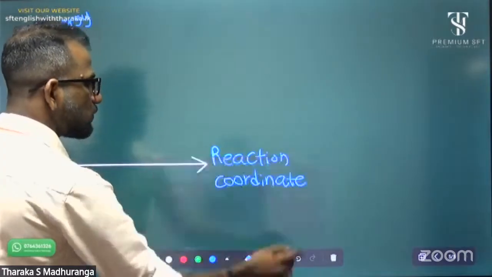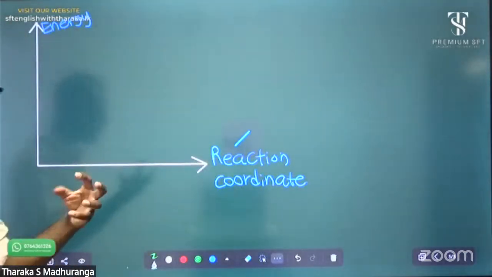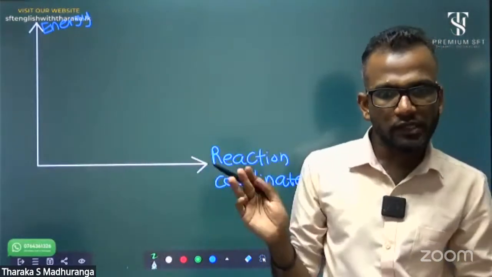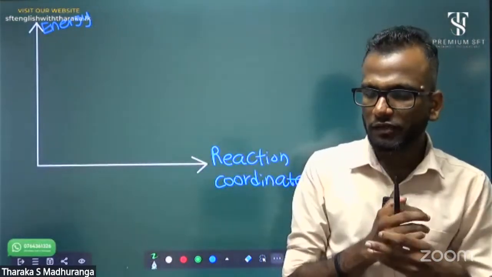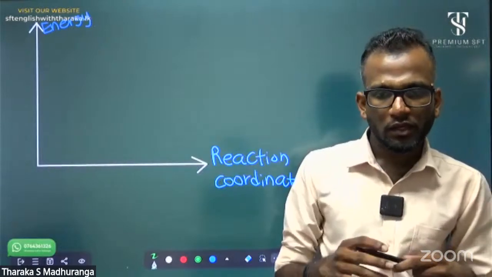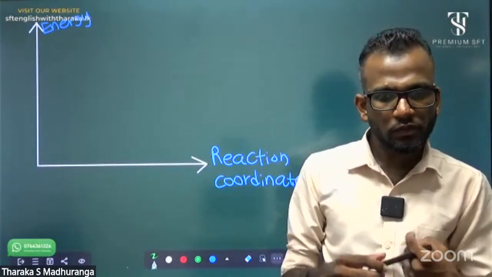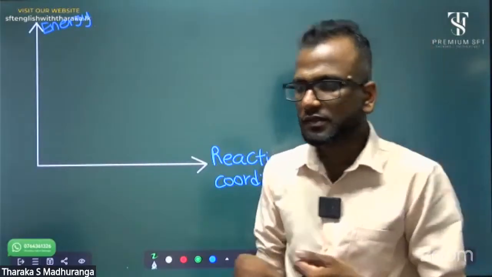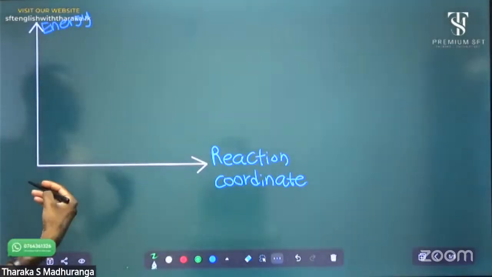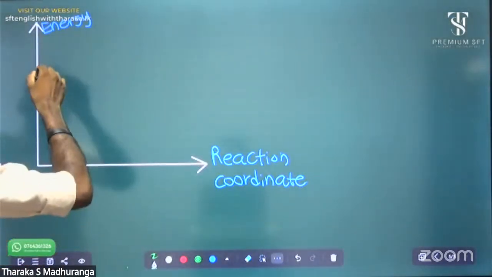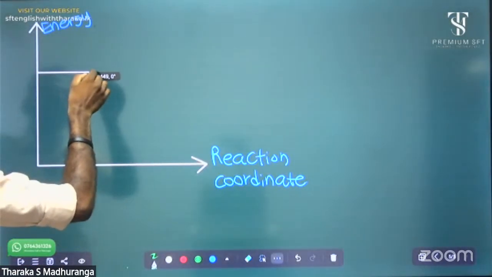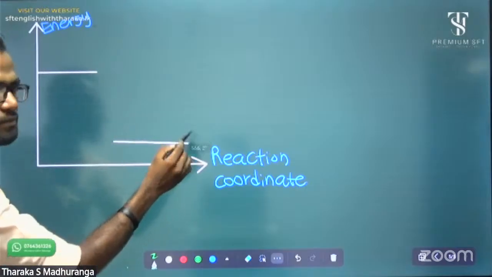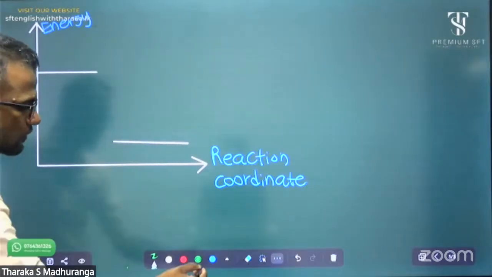Okay, what do you think if it is an exothermic reaction? Who has greater energy level, reactant or product? If it is an exothermic reaction, who has greater energy, reactants or products? Yeah, the reactant energy is greater than products. Right, good.